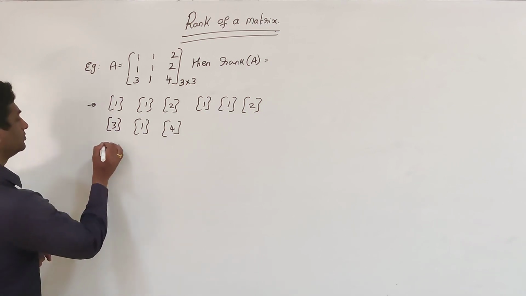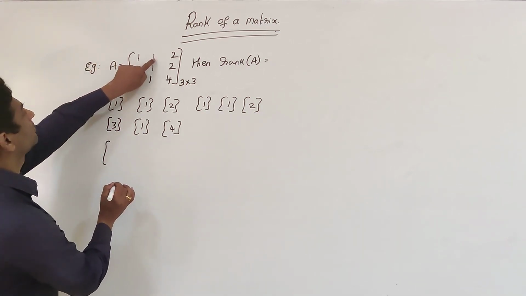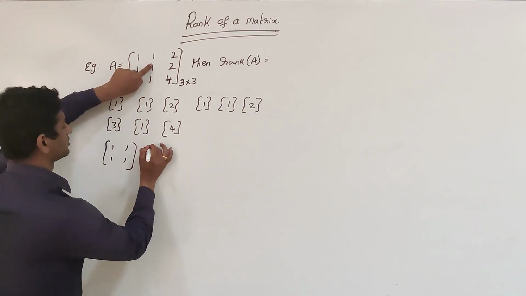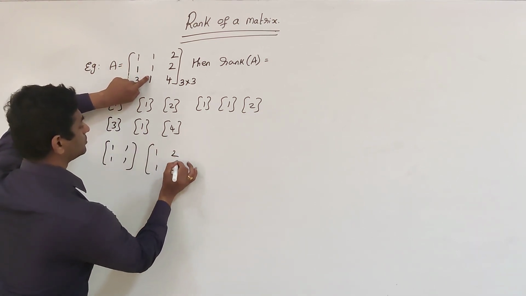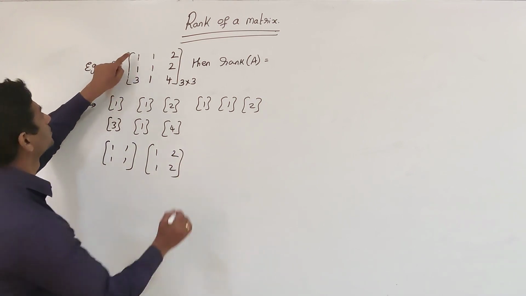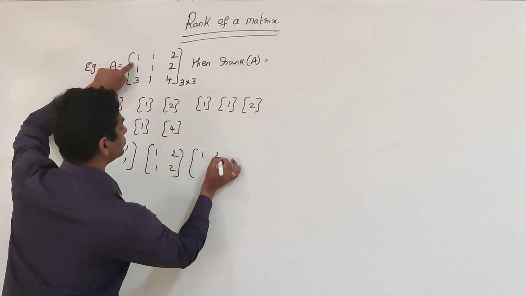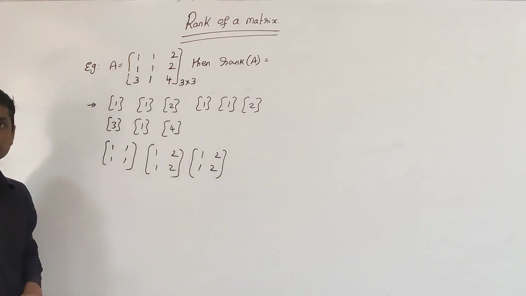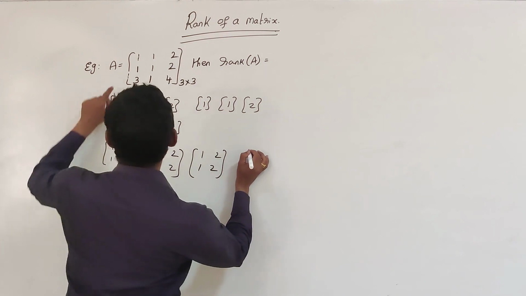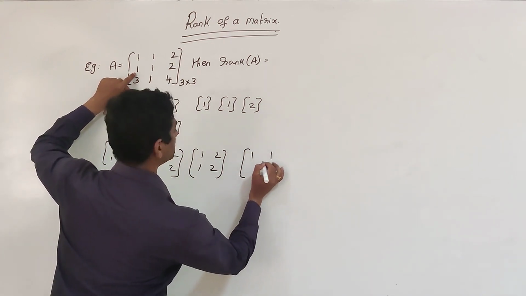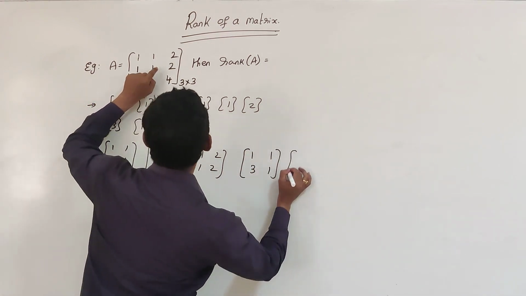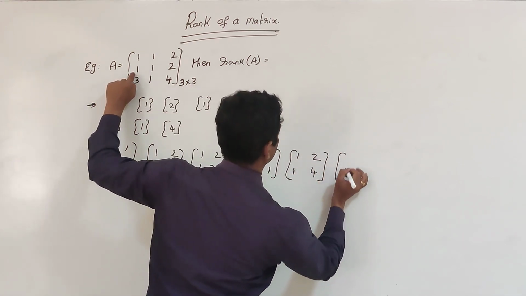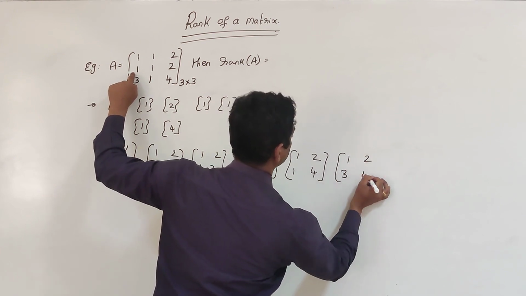Next, 2 by 2. What are the 2 by 2 submatrices? 1, 1, 1, 1. Next, 1, 2, 1, 2. Next, 1, 1, 3, 1. 1, 2, 1, 4. 1, 2, 3, 4.